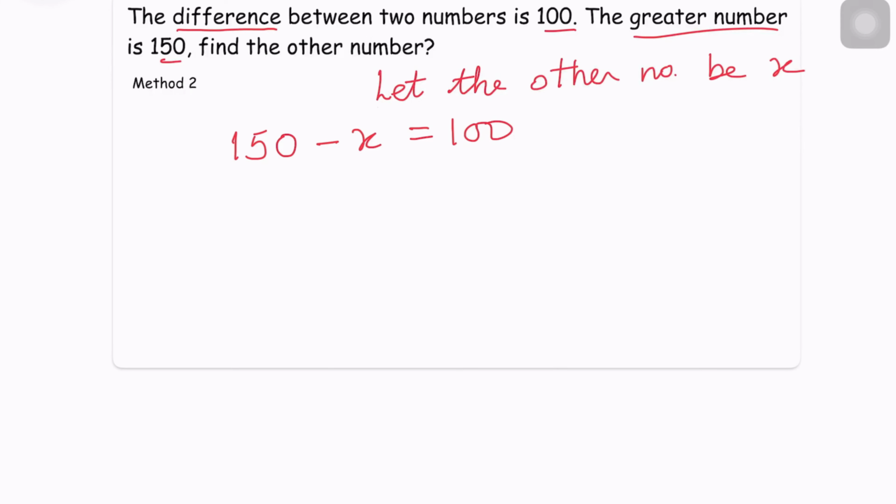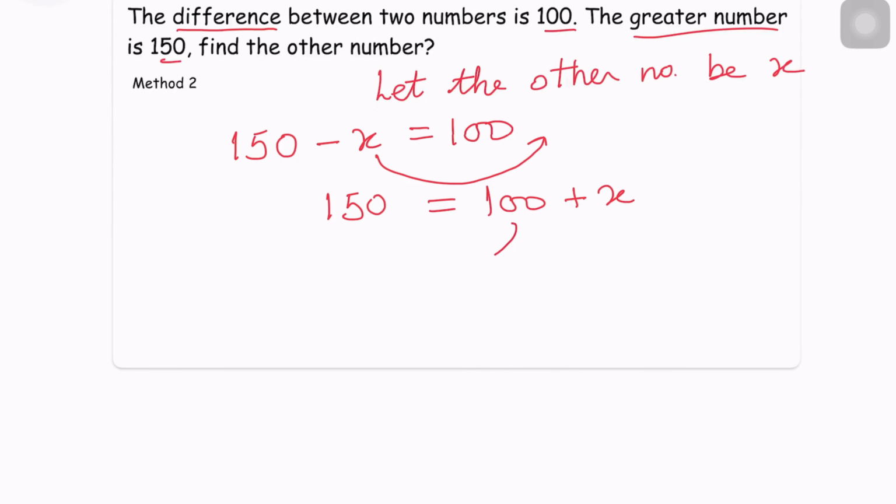So now what we are going to do is, we want x to be on one side of the equal. Here is the rule. When we move anything to the other side of the equal, its sign changes. So 150 we will leave as it is, and x we are going to move this side, so the sign of x will change, it will become plus, so it will become 100 plus x.